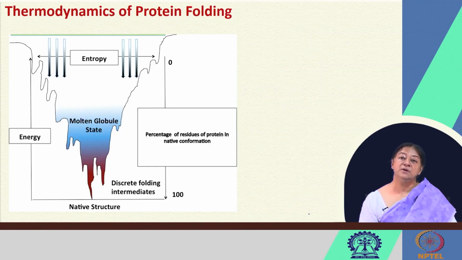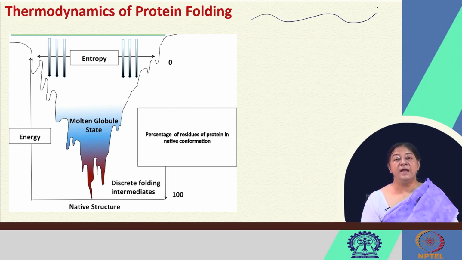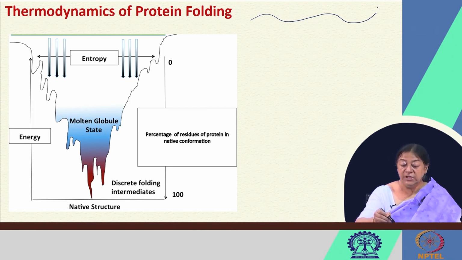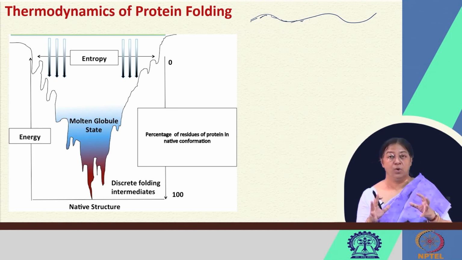So, now if we look at the thermodynamics of protein folding, we realize that when we have the unfolded form that is completely in a random state, there are going to be many such conformations possible. Now, each of these has the peptide bond that is linking the different amino acids together, so they have a water network around it.